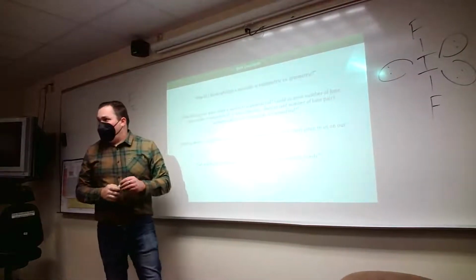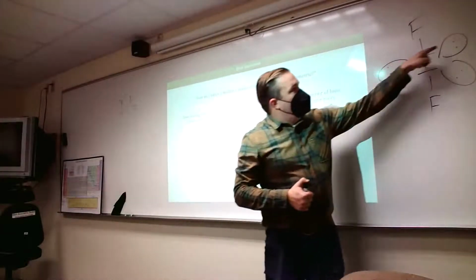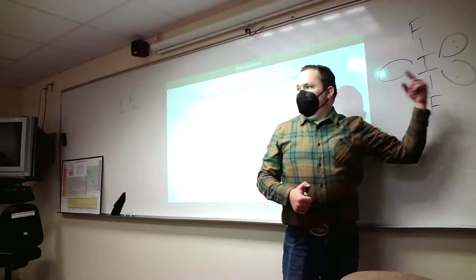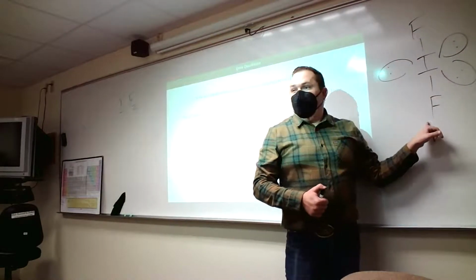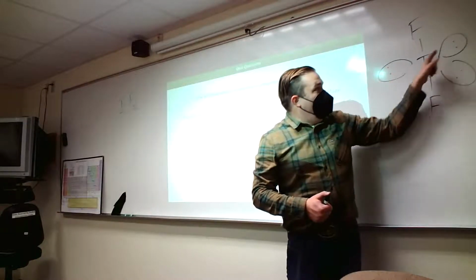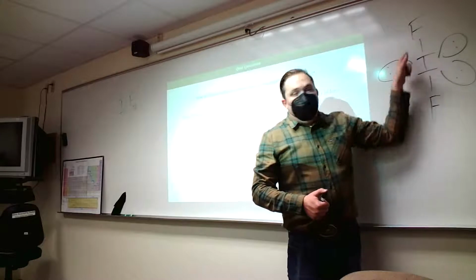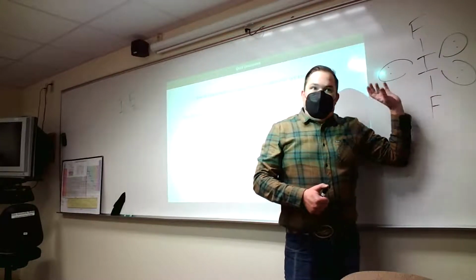The electron geometry is trigonal bipyramidal, but by virtue of having 3 lone pairs, they take up all the spots around the equator here. And that turns it into being something that's purely linear. Now, all of a sudden, despite the fact that we have lone pairs and we have polar bonds, this is a non-polar molecule.